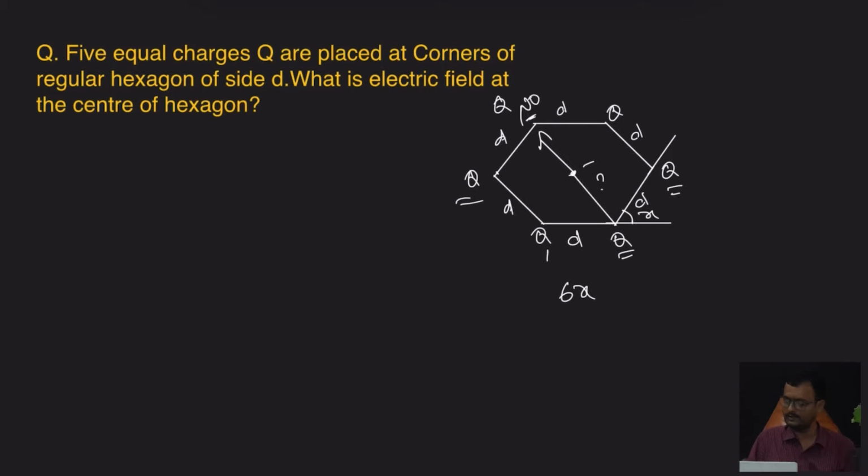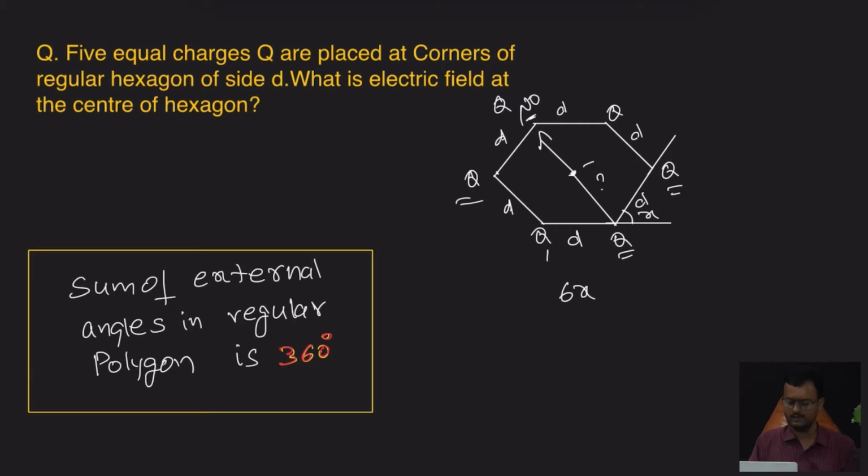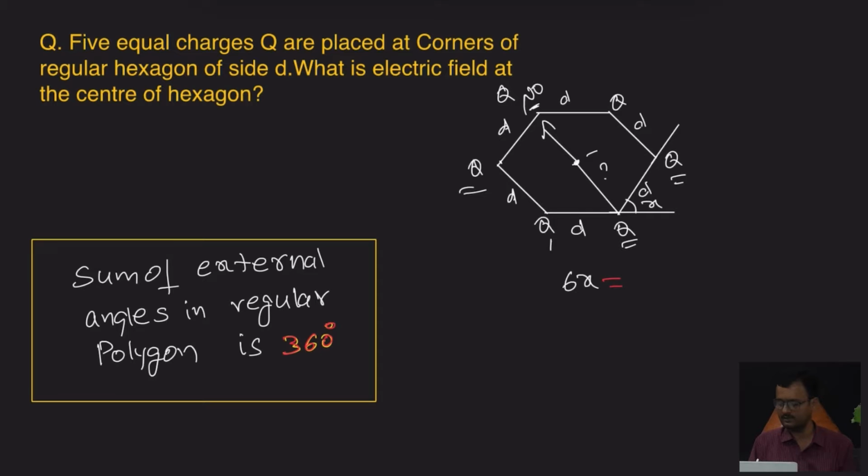We know the concept in mathematics: the sum of external angles in a regular polygon is 360 degrees. So 6x should be equal to 360 degrees, so x is equal to 60 degrees. So what is this angle? It becomes 120, because this is a straight line, total angle is 180, 180 minus 60 becomes 120.